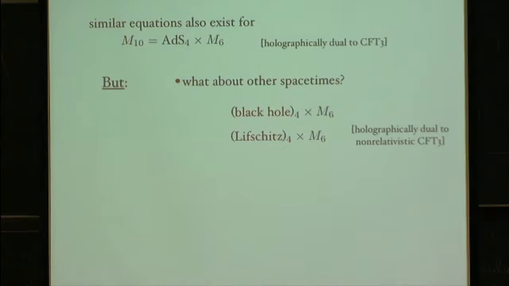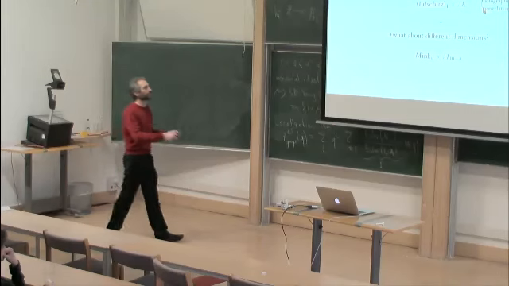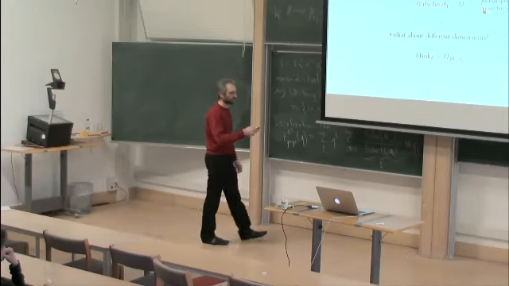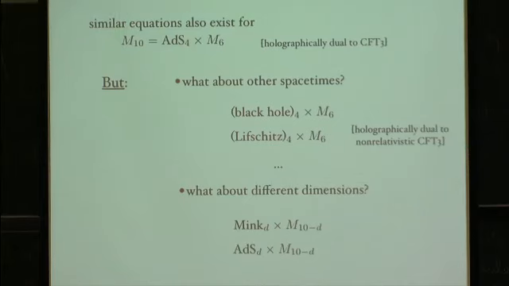So, all this doesn't enter into this formalism. And also, another thing that doesn't enter into this formalism is factorizations of other types. With Minkowski with another dimension here, or AdS with another dimension.